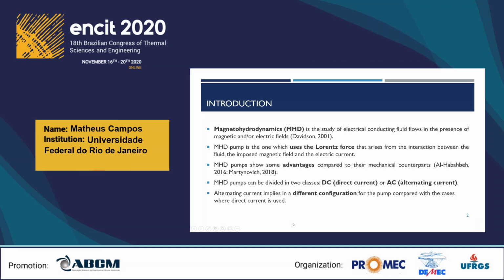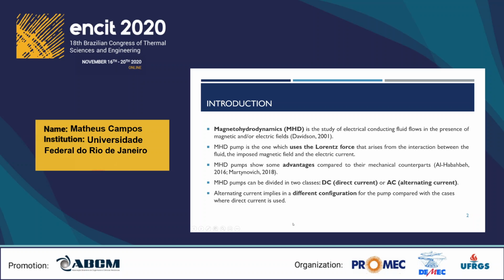The alternating current configuration may be particularly interesting when pumping, for example, electrolyte solutions, where electrolysis occurs, and as a consequence there is the formation of bubbles and accelerated electrode degradation. So we can use alternating current to inhibit electrolysis.